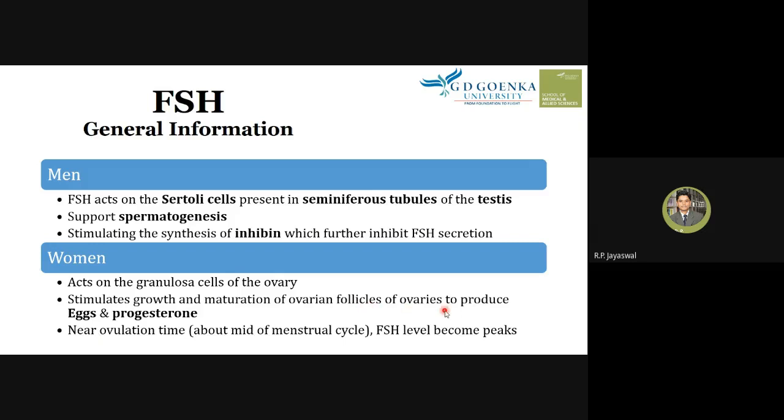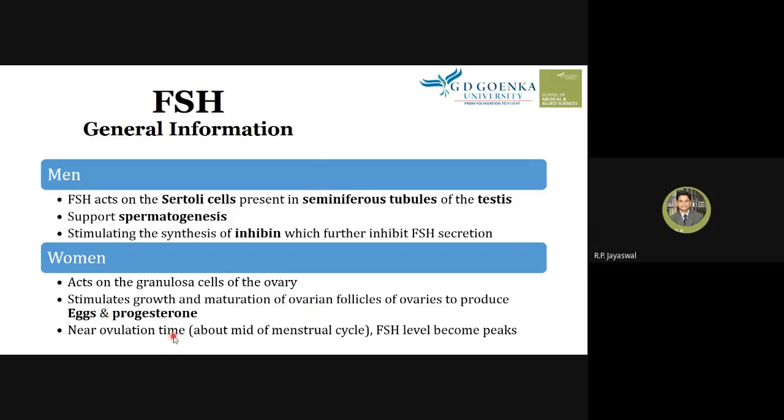So ovaries have ovarian follicles, right? These follicles grow and mature with the help of FSH, and further produce eggs and progesterone. Eggs are the female gamete, and progesterone is one of the steroid hormones. Both are produced in response to follicle stimulating hormone.